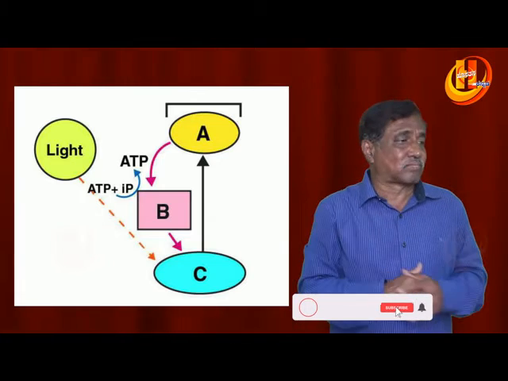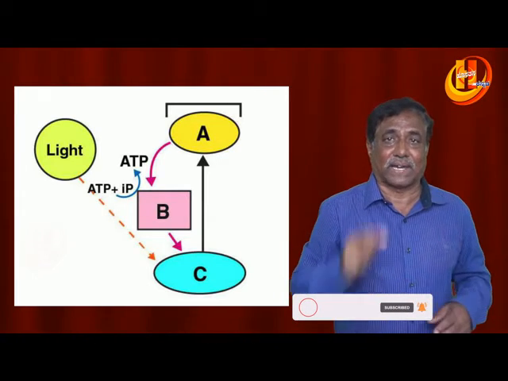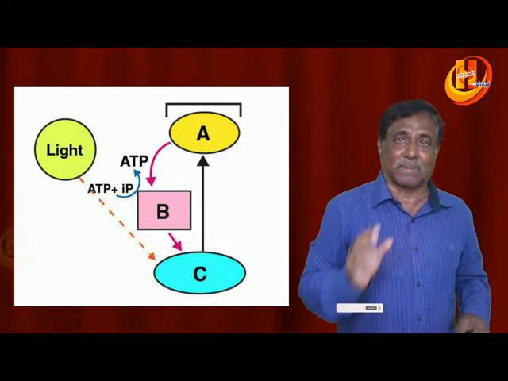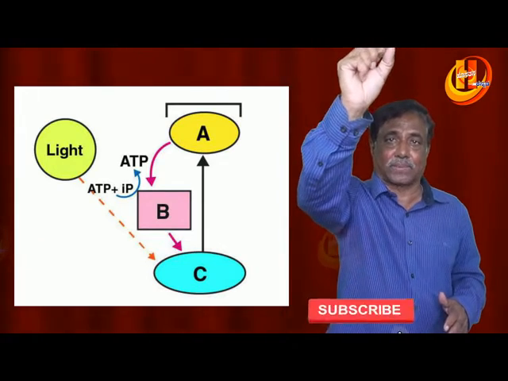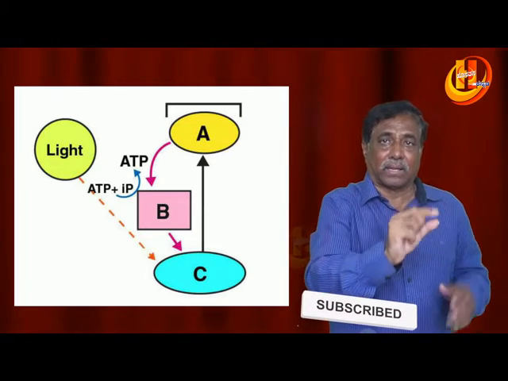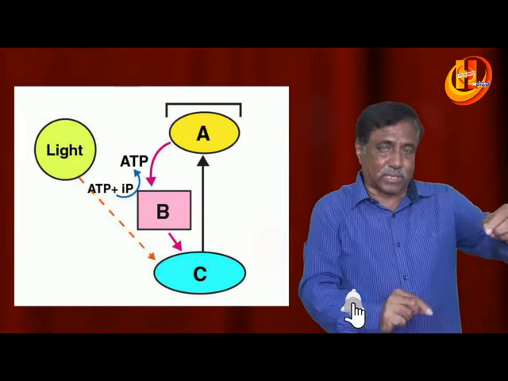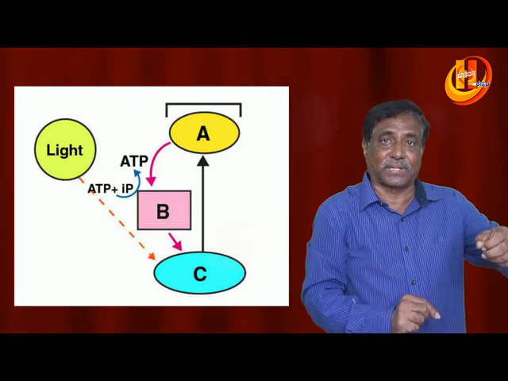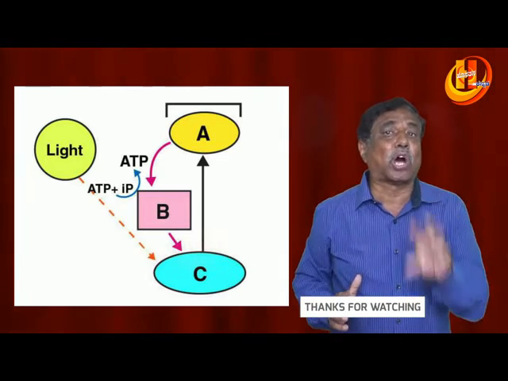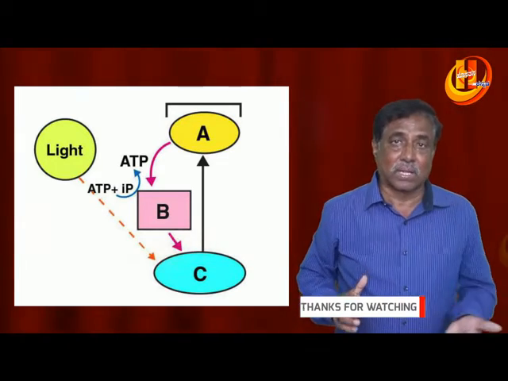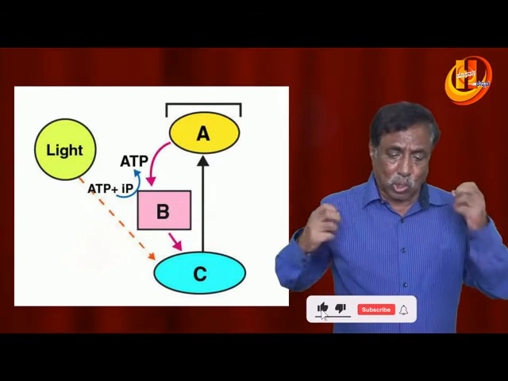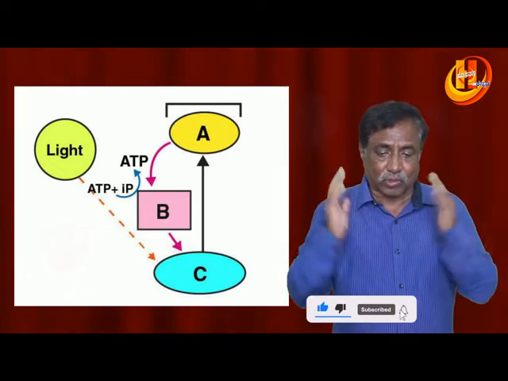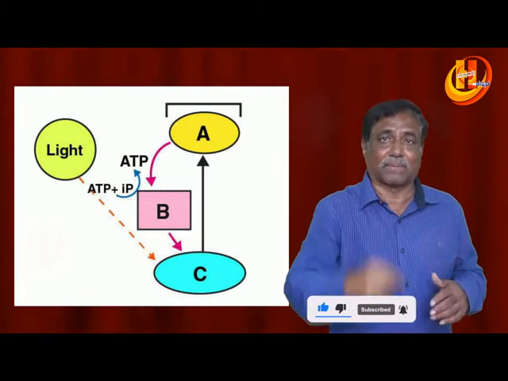And in cyclic photophosphorylation, when a photon of light of 700 nm hits the chlorophyll molecule, it gets excited and releases electrons, which go to FRS, ferredoxin reducing substance, and FD, ferredoxin, and from ferredoxin to cytochrome B. ATP formation takes place because of chemiosmotic synthesis.